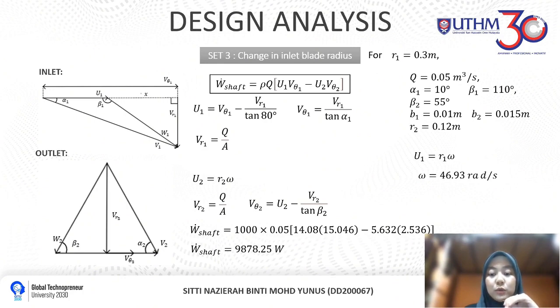To calculate U2, we need to find omega first, and the omega we get is 46.93 radian per second. After getting U2, we can get VR2 and V theta 2. So the power shaft for set 3 is 9,878.25 watt. So that's all from me.